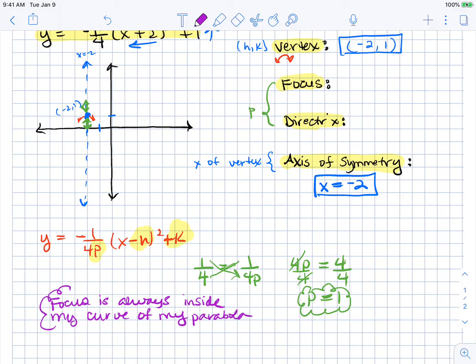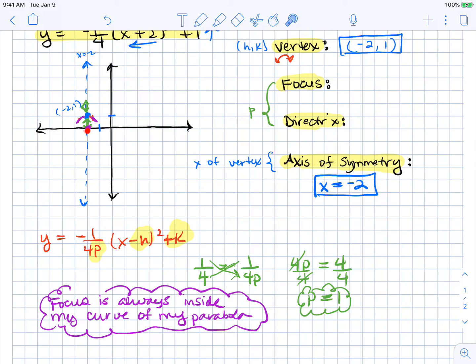And that's how I knew when I was doing this in my graph that this right here would be my focus, because my parabola's curve is going down. So that helps me know where that's going to be. So I just need to be able to label that point.